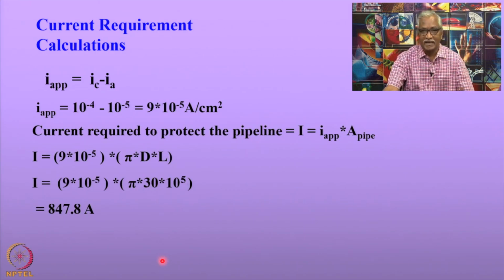You will also notice that when the pipeline is not supplied with a coating, the current required for cathodic protection is quite significant. So, we will see later how the application of coatings would reduce the current requirement.